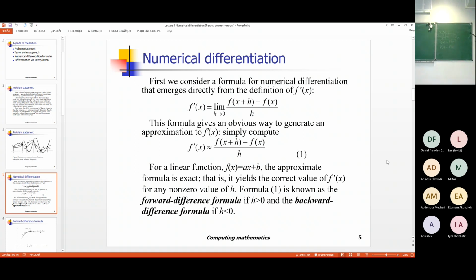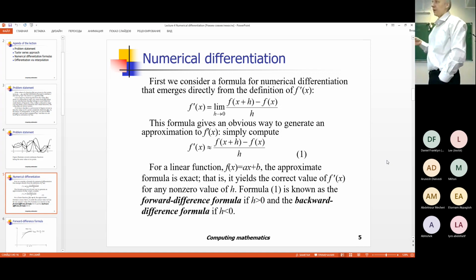Let's discuss this case in detail. Suppose that we have a linear function f of x equals ax plus b.